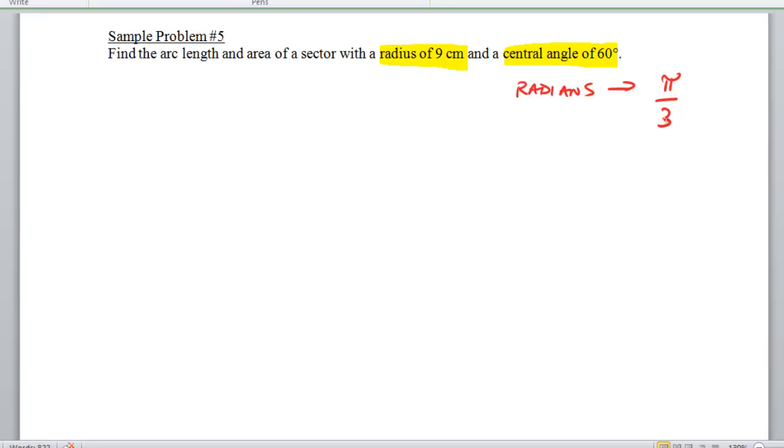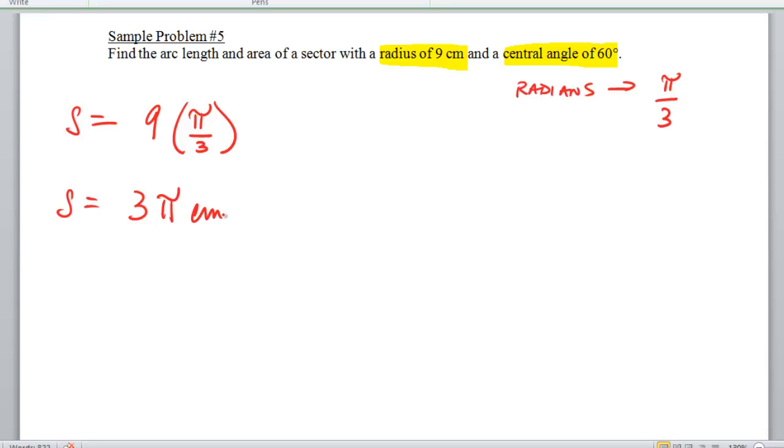So if I'm going to find my arc length, I'm going to use my arc length formula. I'm going to take my radius, which is 9 centimeters, and multiply it times my central angle. And what this gives me is a value of 3 pi centimeters.